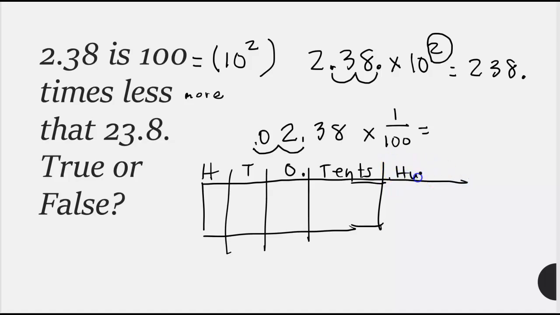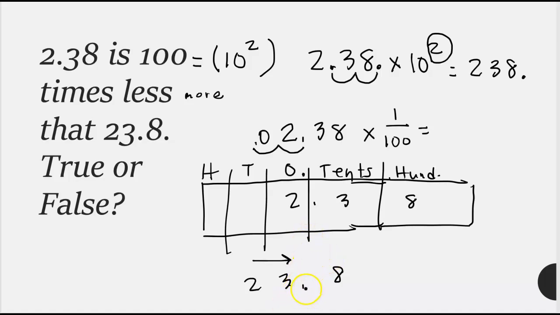I've got my hundreds. So originally I have 2 3/8. And it says it's 100 times less than 23 8/10. So if it's 100 times less, that means I've moved backwards or to the left two places, two place values.